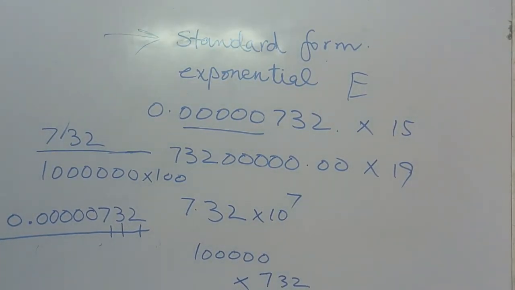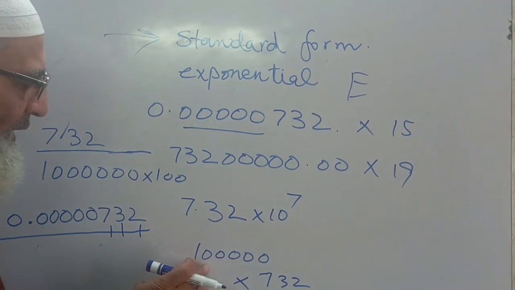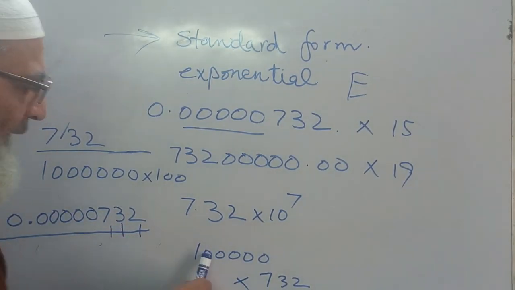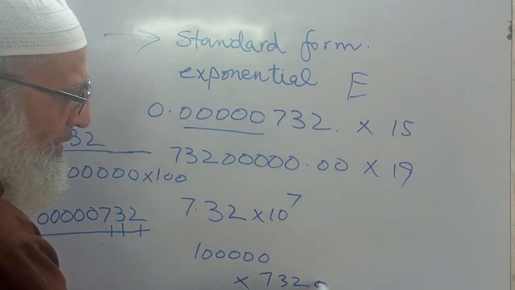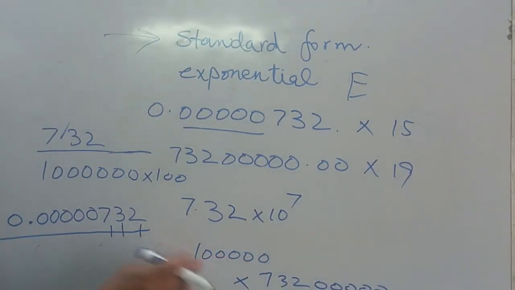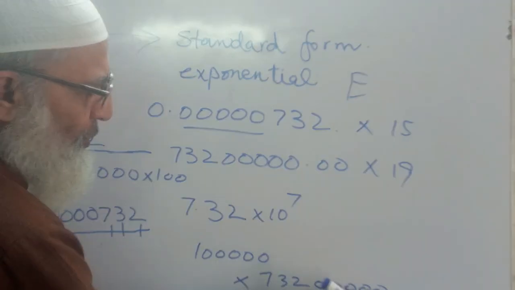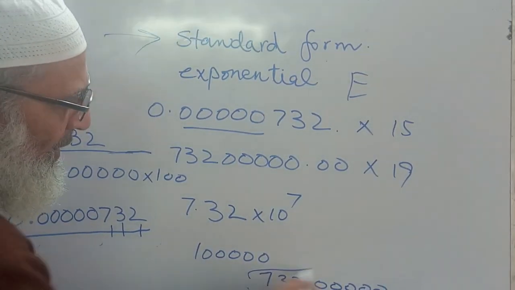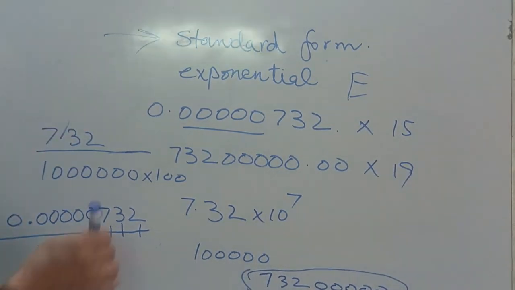When this sort of situation occurs, you put as many zeros as are available. Now there are 5 zeros. So it will become this, your original number.